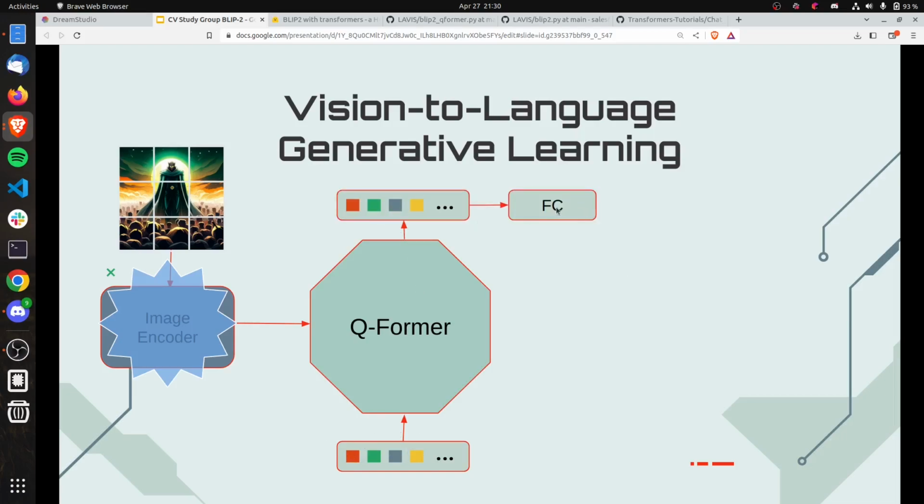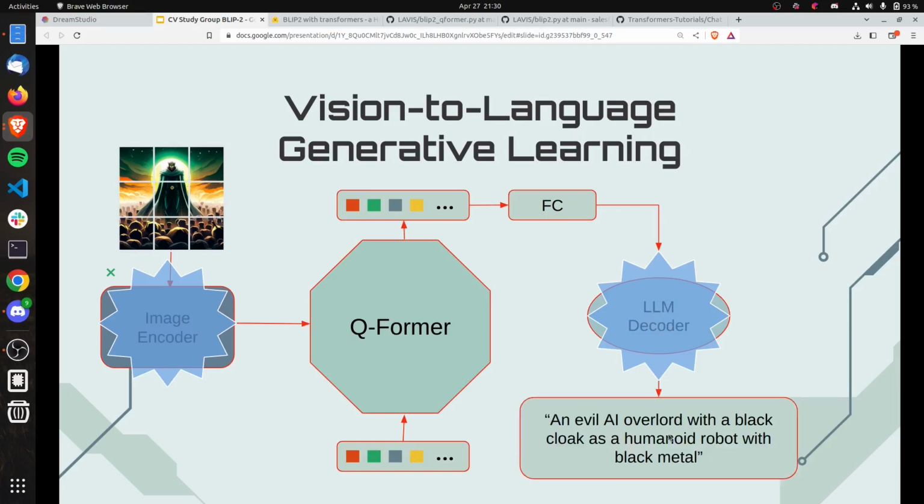As I already said, we've got the fully connected layer here to shape the tokens in a way that we can put them into a language model decoder, for example, or large language model decoder. And then it's also language modeling loss. So we just want to get the best output possible. And we're just training and adapting the query tokens again until we get as good as possible.